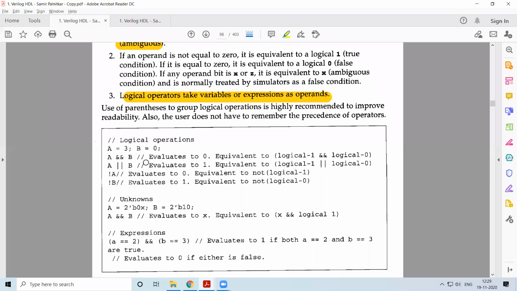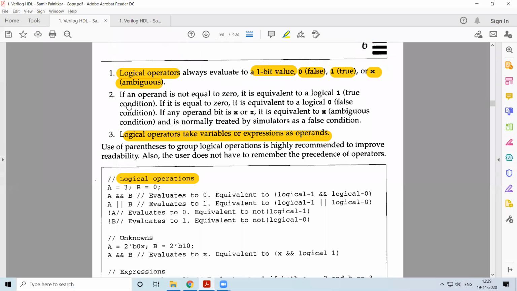So another thing to remember when you're using logical operations is this part: if the number is 0, it is equivalent to logical 0. If it is not equal to 0, then it is equivalent to logic 1.